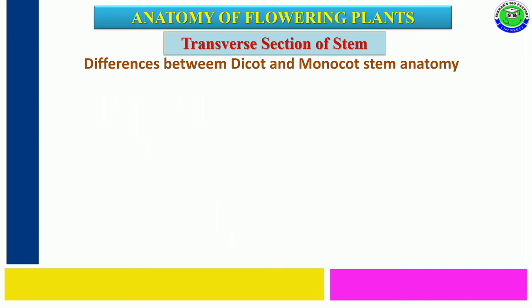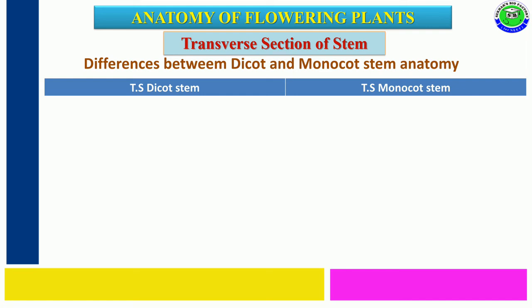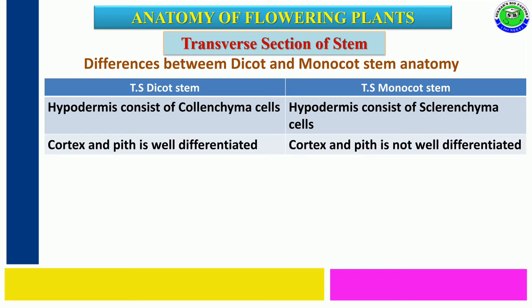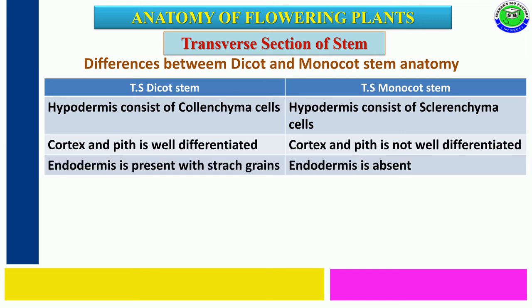Along with that, we can find some important differences between the transverse section of dicot and monocot stem in its anatomy. The first difference is that the hypodermis in the dicot stem is made up of collenchyma cells, but the hypodermis in the monocot stem is made up of sclerenchymatous cells. The cortex and pith are well differentiated in the dicot stem, but not differentiated in the monocot stem.